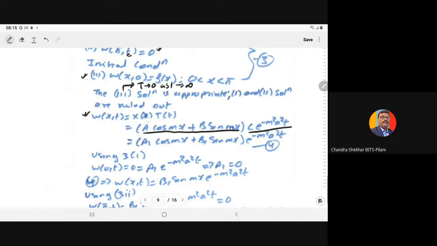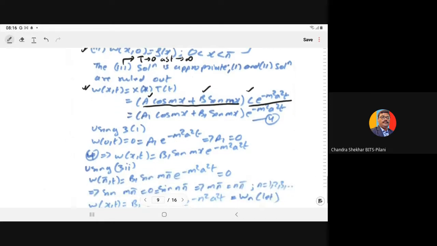So if you write a into c as a1 and b into c as b1, it becomes (a1 cos mx plus b1 sin mx) e to the power minus m square a square t.